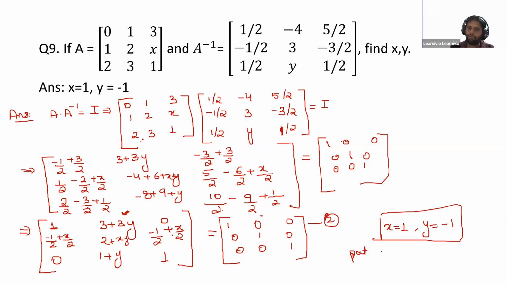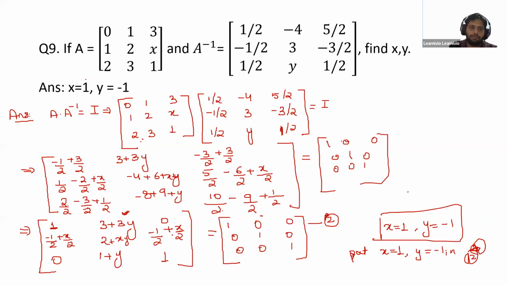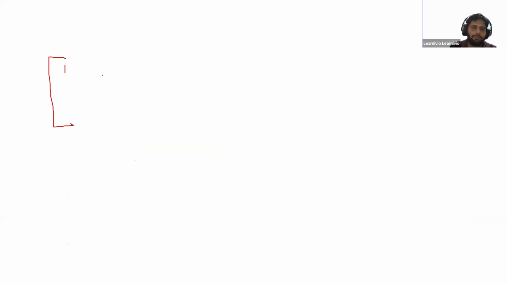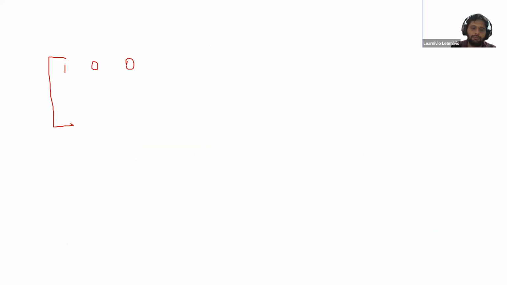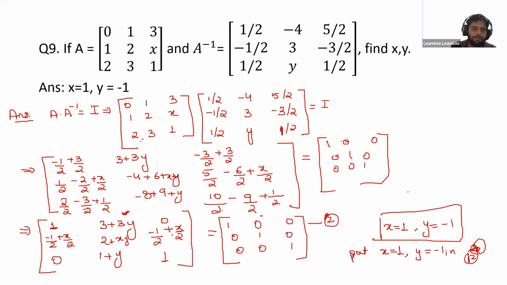Put x is equal to 1 and y is equal to -1 in 2. Now, if you put these values, then finally what you will get, this is 1. This is -1 means 0. Okay, this is 0. Next is, this will be 0.